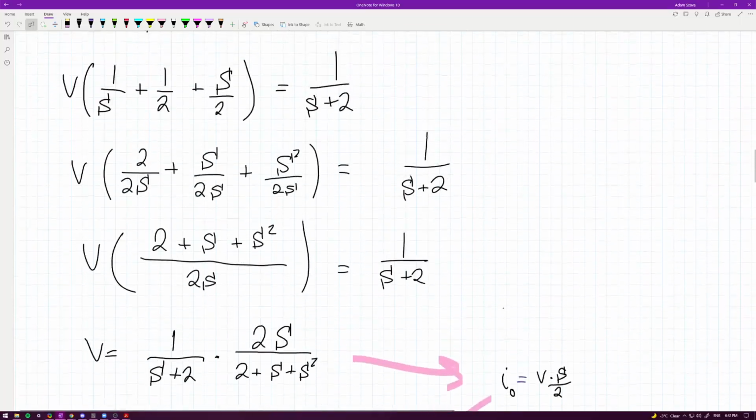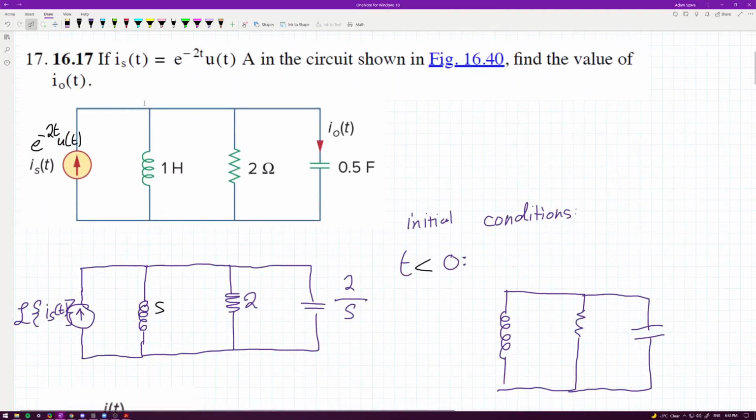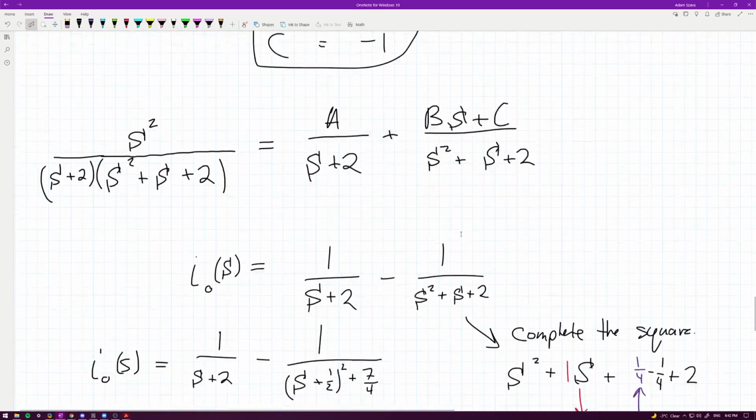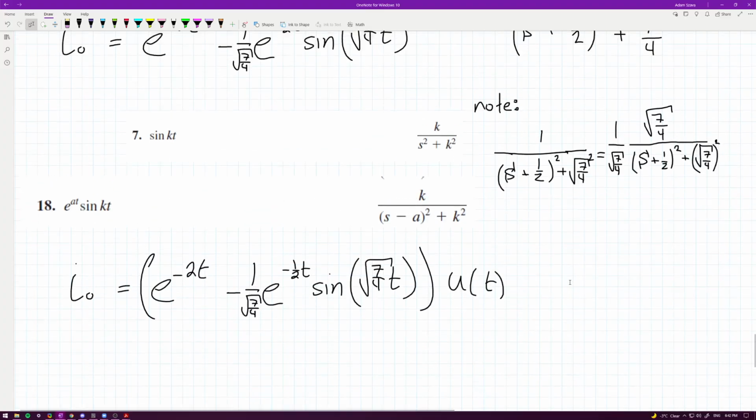The reason for that is because we don't really care about before t equals 0. This is true for the circuit after t equals 0, that's when the circuit starts acting like this. We just don't know what's happening to the circuit before, and there's no reason to use that for before t equals 0 because that source is not there. The function exists before that, but we're not allowed to use that, so we do it like that. And there you go. That should be the final answer for that question.